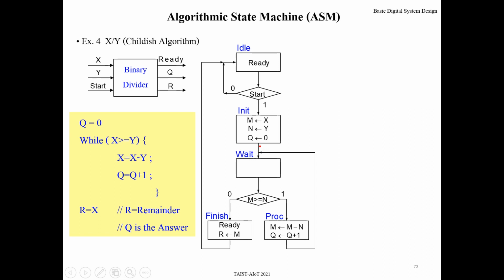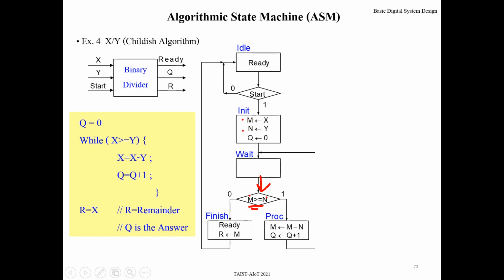It must wait for the clock tick. That means when the clock ticks, register M reads data from X, register N loads data from Y, and register Q, or maybe counter Q, will clear its value. So wait for the clock tick. So you need to have this wait state before doing the comparison between M and N.